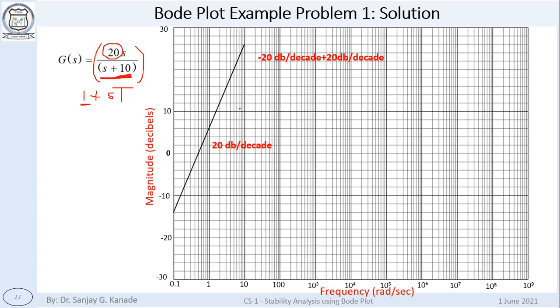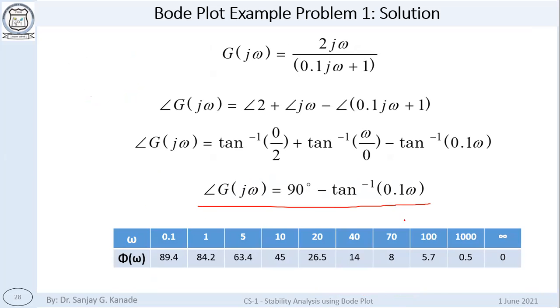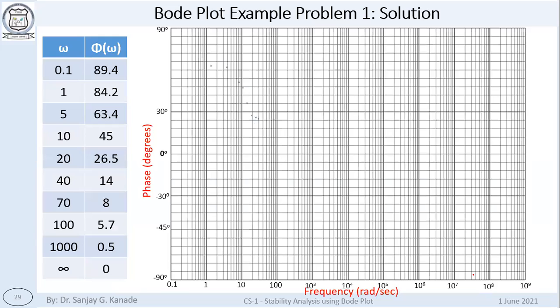Now we plotted the magnitude plot like this, which is a resultant of the three individual plots. And for the phase plot, we first calculated the formula, and by substituting values of omega in this formula, we calculated the overall angle of the function. Then we plotted those values on the Semilog paper and connected the dots.